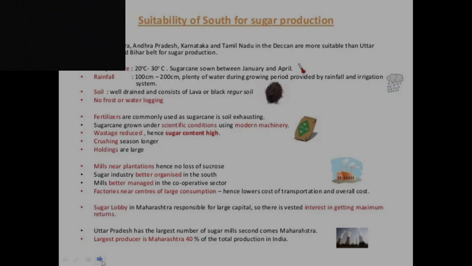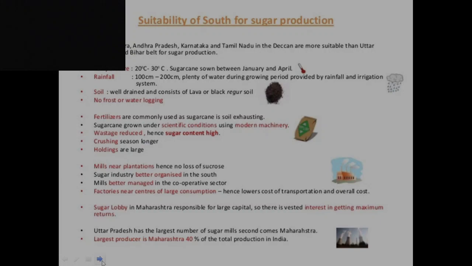So plenty of water during the growing period is provided by the rainfall, and the irrigation system is also good in this area. So it is suitable. Again, soil: regur or black soil, or lava soil, is well drained, and black soil is suitable for this plant. No frost and water logging: since this is a coastal region, it is frost free and there is no water logging problem. So it is good for sugar production.